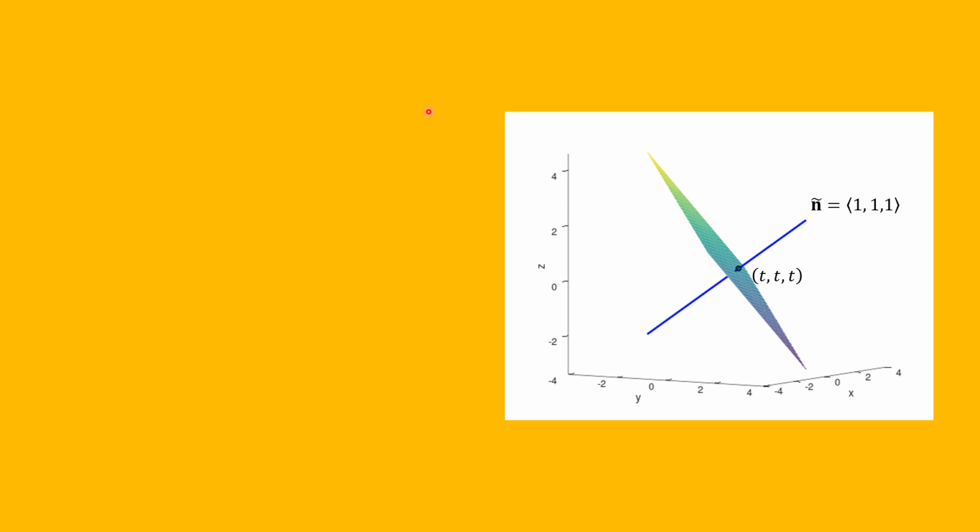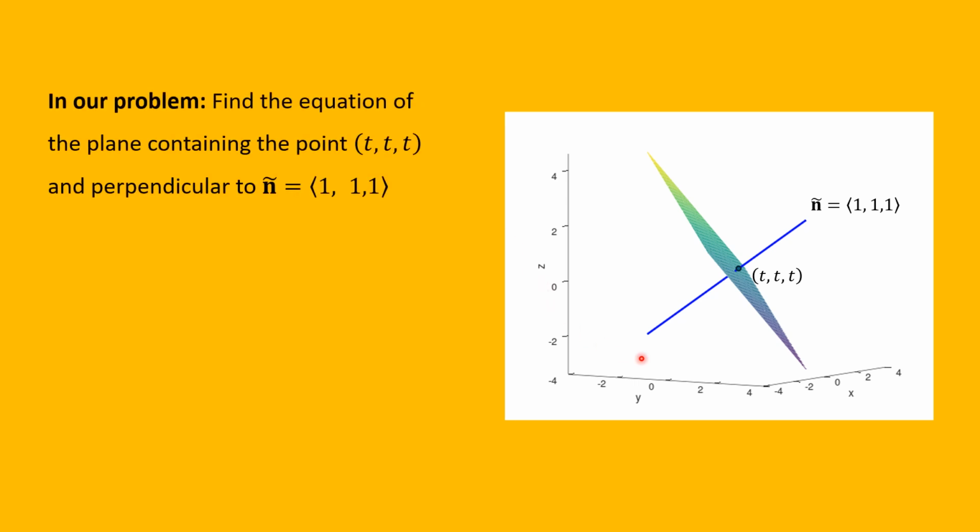So let's consider this problem. We have the line L, which is going from minus 1, minus 1, minus 1 up to 1, 1, 1. And we want to find the equation of the plane perpendicular to that line and containing the point t, t, t. So the plane contains that point with coordinates t, t, t, and it's going to be perpendicular to a vector n here, which, if we shrink it down to size, we can think of as being 1, 1, 1.